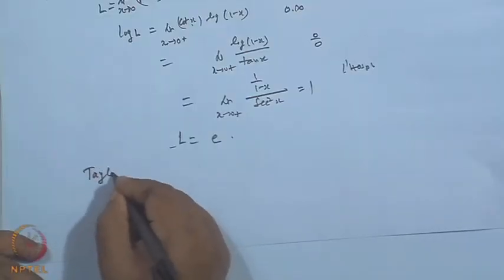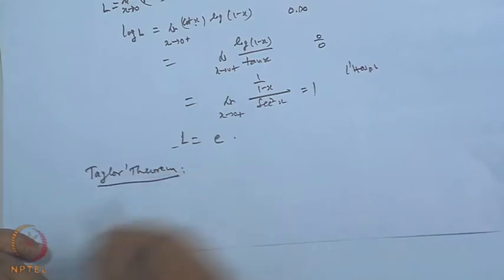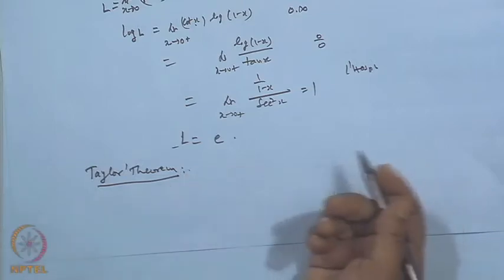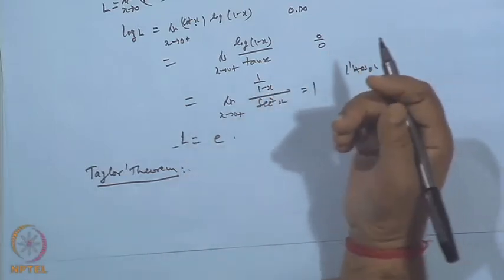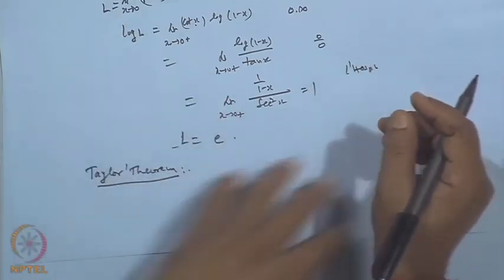Now, let us come to the Taylor's theorem. The Taylor's theorem is an extension of the mean value theorem. In the mean value theorem, we give the relation between the functional value and its first derivative, whether it is Lagrange's mean value theorem, f b minus f a over b minus a equals the derivative of the function, or maybe the Cauchy mean value theorem, where the two functions f and g are there, and then we get the relation between f, g and their derivatives.